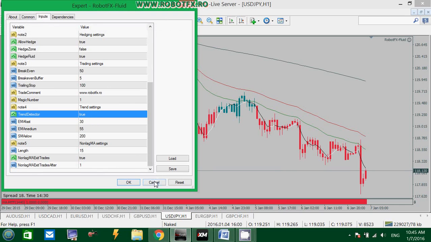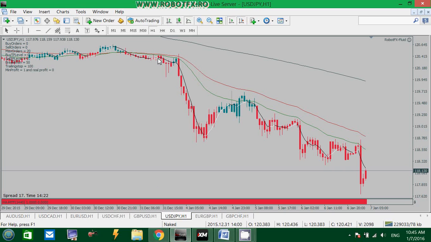If you do this, the expert advisor will open buys and sells only based on the non-lag moving average, when it changes the color from black to white, buy, white to black, sell, and so on. But again, I find this trend detector precise enough, so I'm using it.